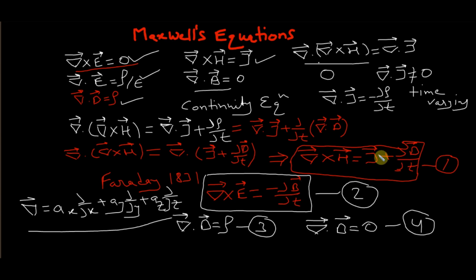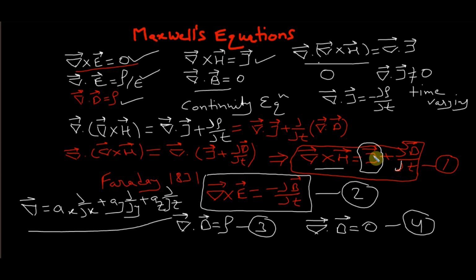One more thing: what is J? J is the current density, and this curl D upon curl T is the displacement current. Okay, so Maxwell found mathematically that if we have a time varying field, then some displacement current is there.